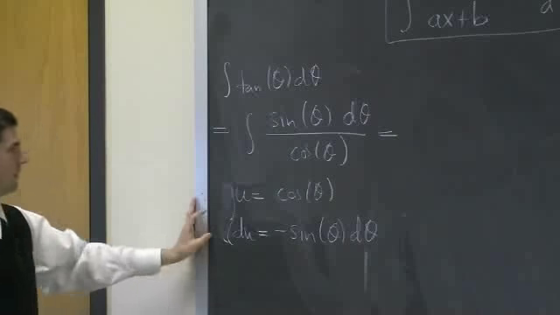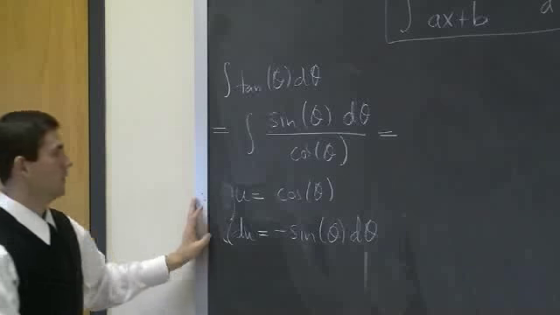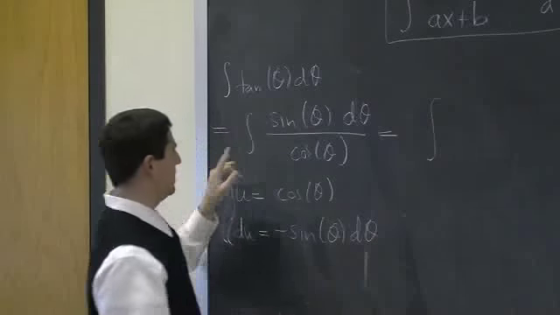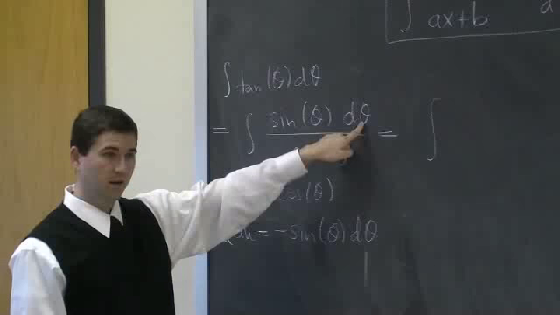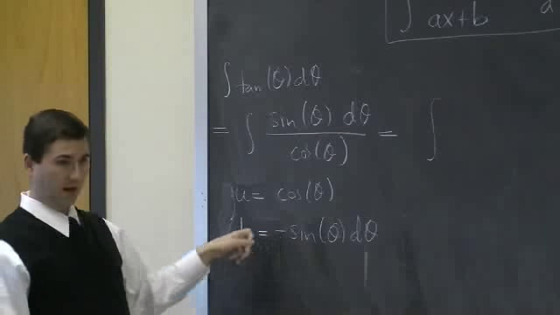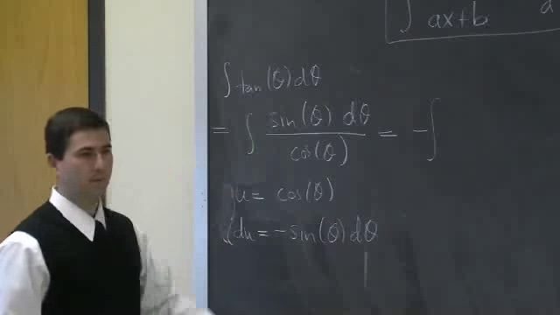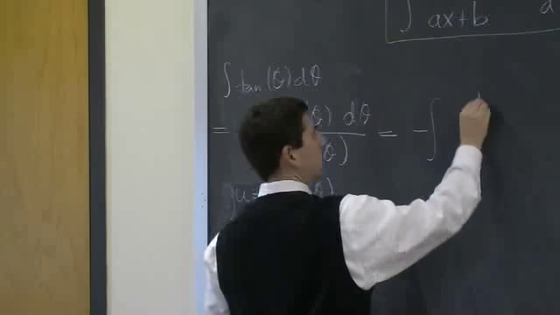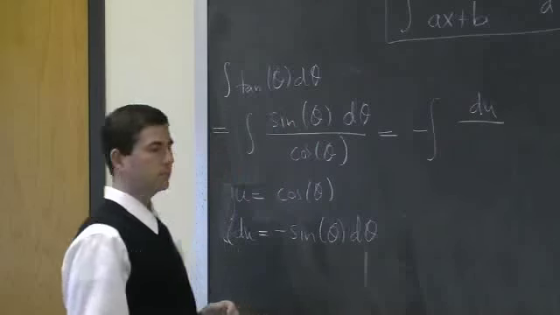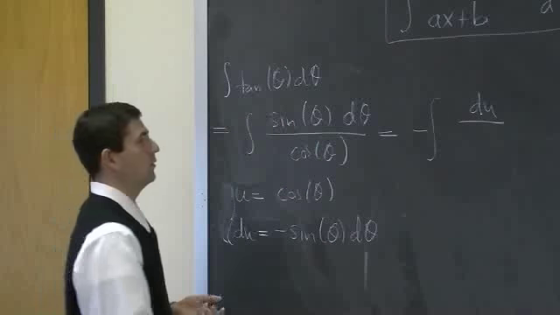Okay, so let's see what happens. Well, on top I have sine theta d theta. And if I just had one extra minus sign, I'd have du. So I'll just toss a minus on the front and a minus on the inside, and then I'll get a du. And then on the bottom, I just have u.